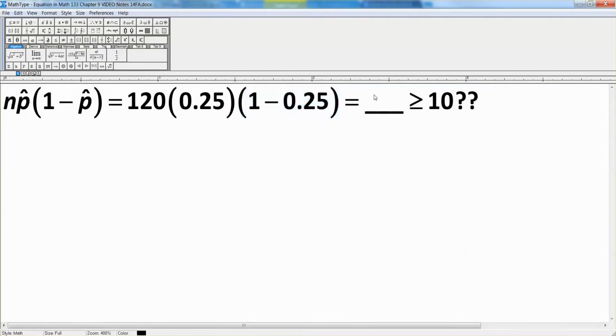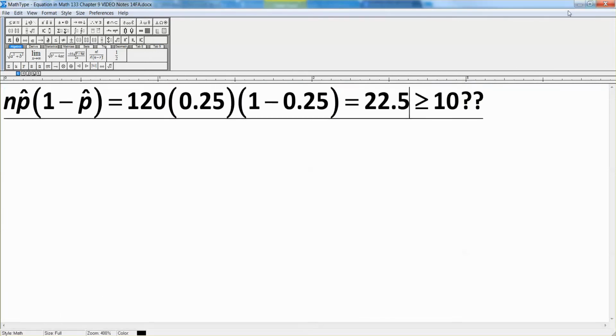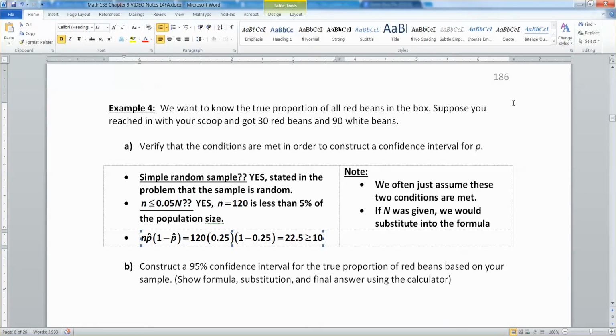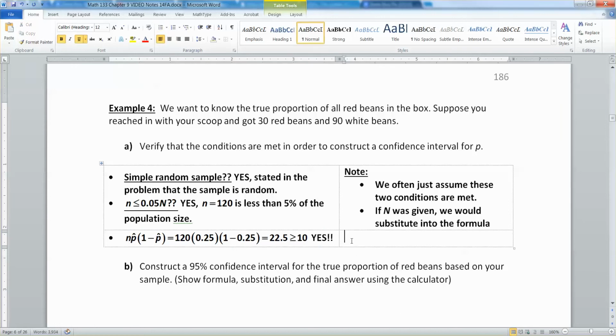So that's a good thing because we wanted to have a number bigger than 10. Otherwise, we wouldn't know that it was normal. So the answer to that is a big whopping yes. And that, again, is to ensure that it's normal.